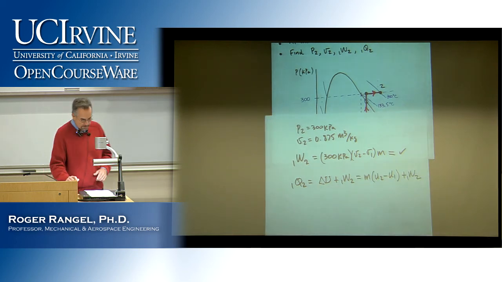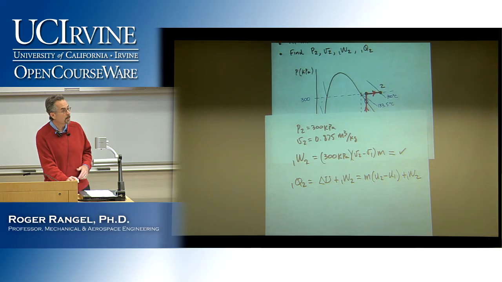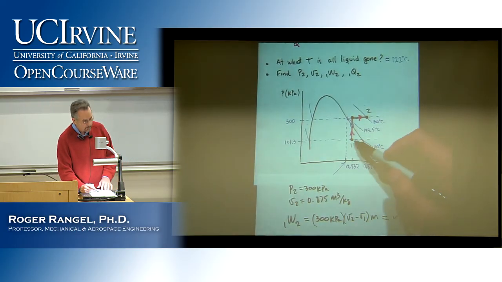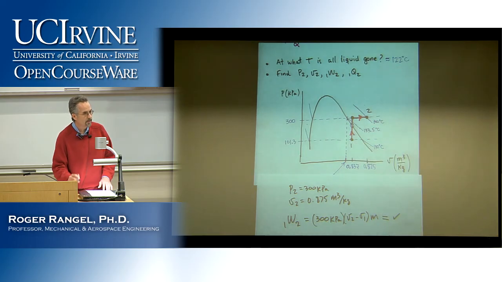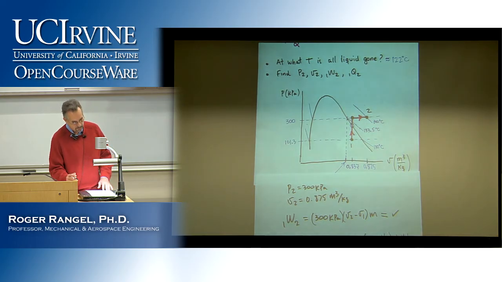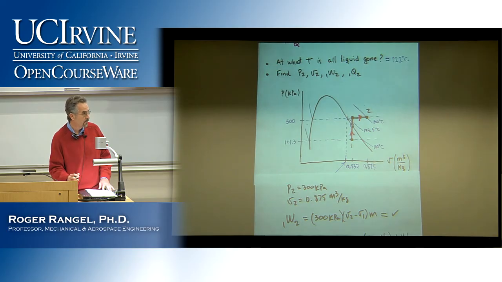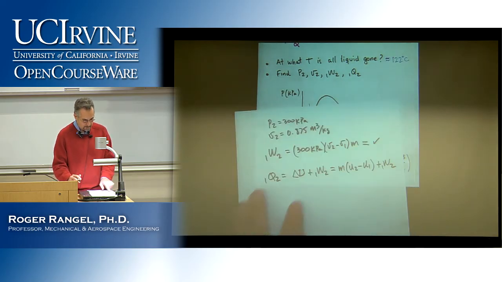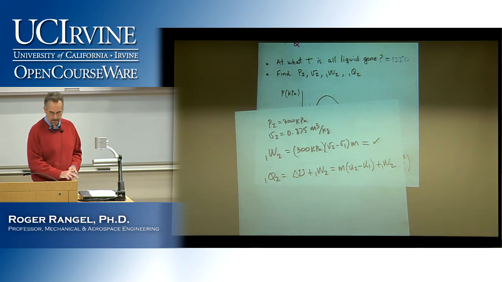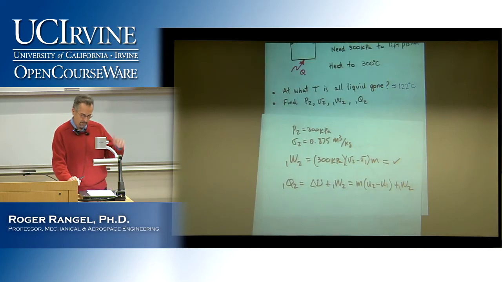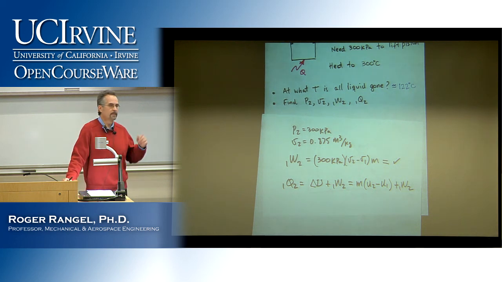So we have the work, we have the mass, U2 and U1. For U1, you go back to the saturated table, read Uf and Ufg, get your U1. For U2, go back to the superheated table where we just read the V2 and read also the U value, the lowercase u value. So you plug the numbers in there and you get your heat transfer. All right, so this is perhaps a little bit harder.